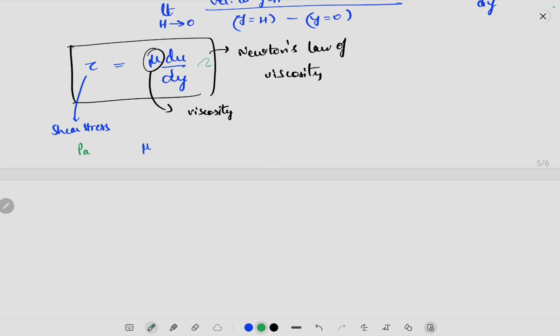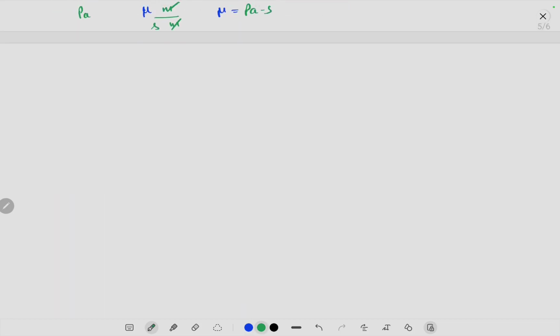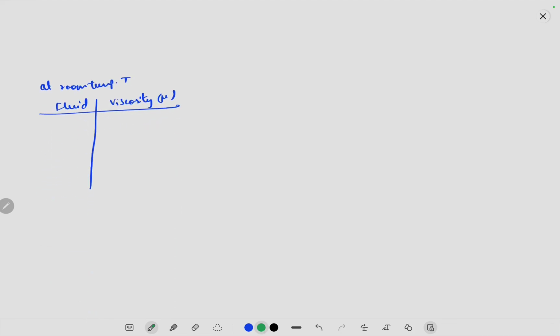Then you have this du by dy. So u has the dimensions of meters per second, and y has the dimensions of meters. Meter would cancel, and the units of your mu would be Pascal second. So the units of mu are Pascal second.